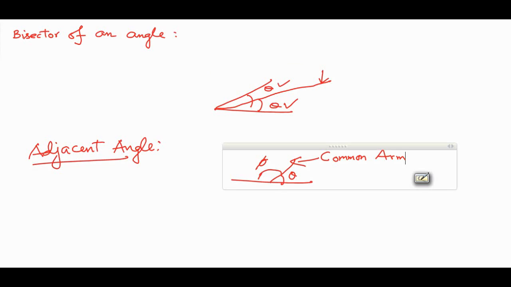Linear pair. The next thing is linear pair. If this is an angle, we can say these two angles are a linear pair. This is theta, this is phi. Those angles are a linear pair.